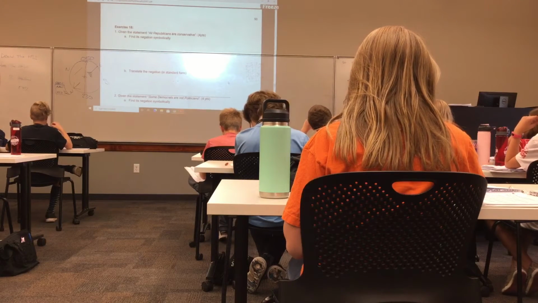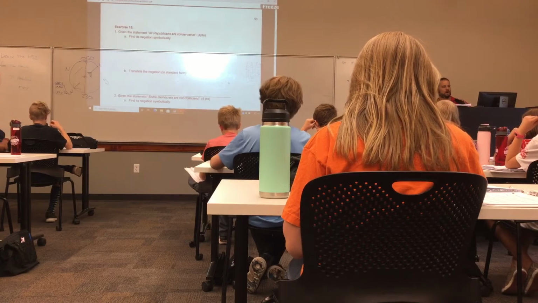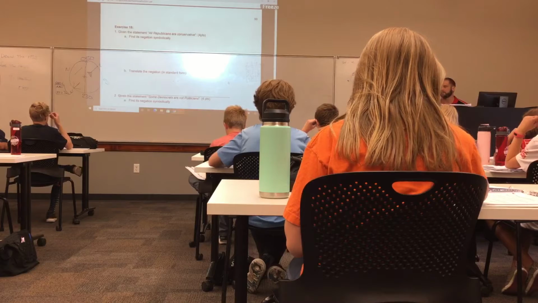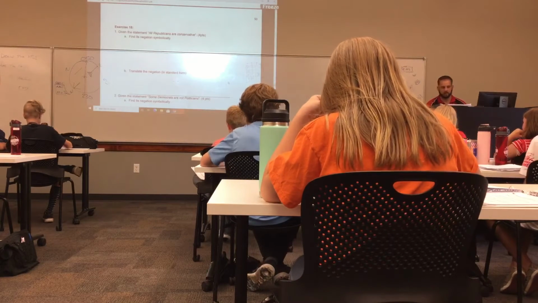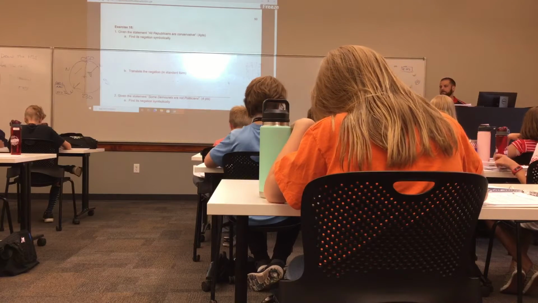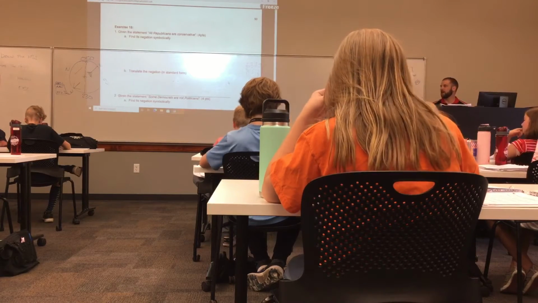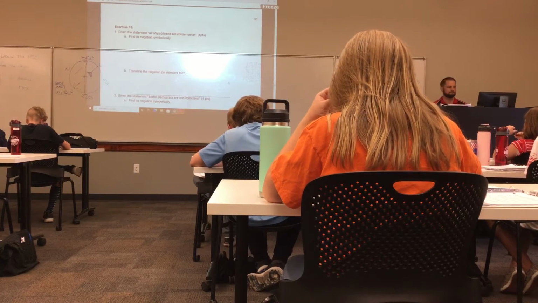Okay? So I want you guys to go ahead and try. I'm going to give you 1 minute. Find the negation symbolically. All Republicans are conservative. You got a minute. Ready, go. You need to try. Try is all I'm asking.